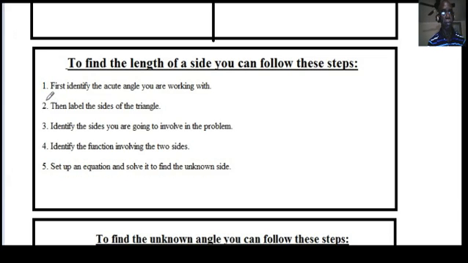Then label the sides of the triangle with the words opposite, adjacent, and hypotenuse. 3. Identify the sides you are going to involve in the problem. 4. Identify the function involving the two sides. 5. Set up an equation and solve it to find the unknown side. You may pause the video and try to label this triangle on your own.